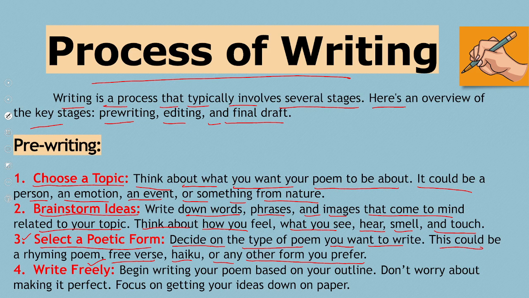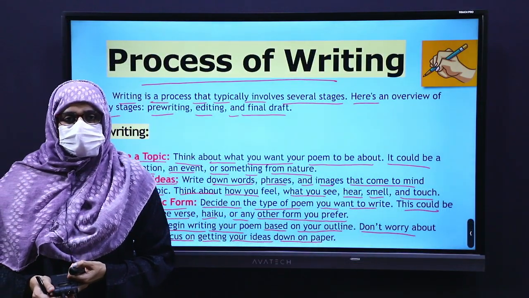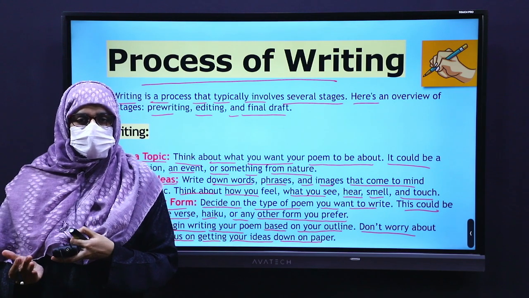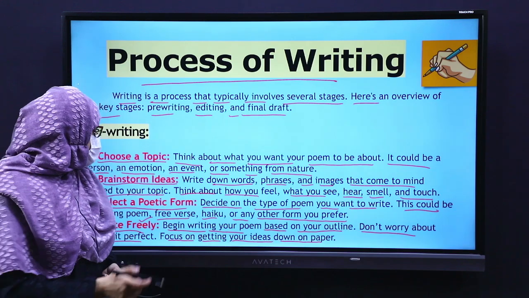And then start writing freely. Begin writing your poem based on your outline. Don't worry about making it perfect. Focus on getting your ideas down on the paper. So, in the pre-writing stage, what do we do? First of all, you choose a topic, you brainstorm some ideas.